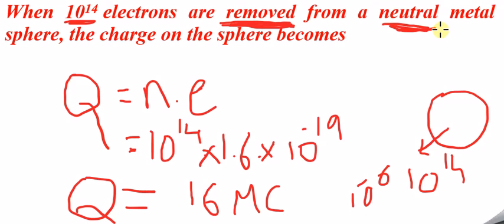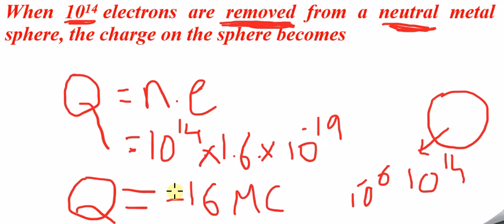Now if I remove the negative charges, that is electrons, which will be more? Positive charges will be more. Hence we are saying it is positive.